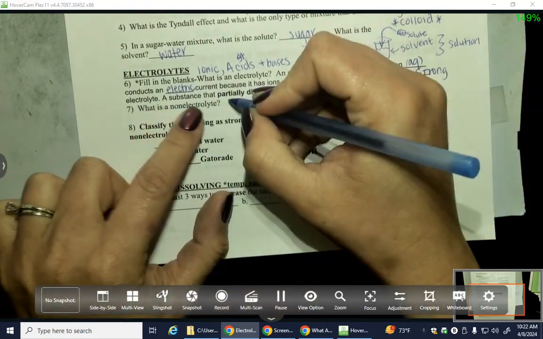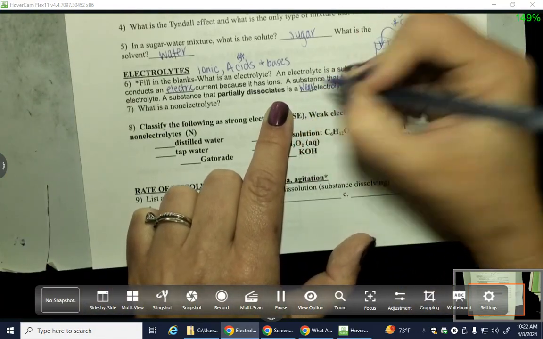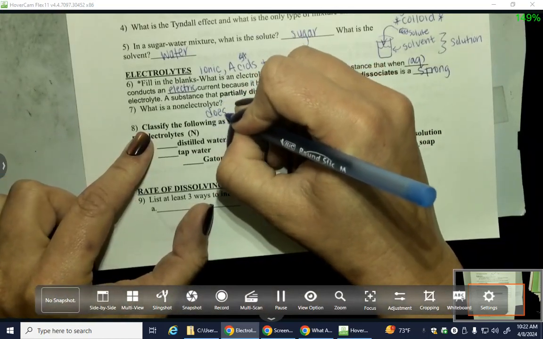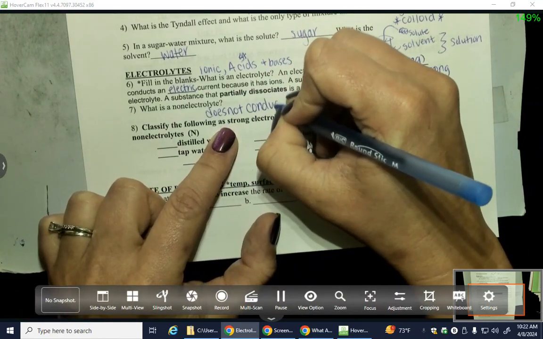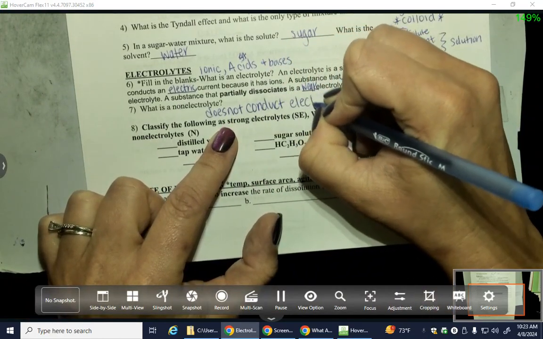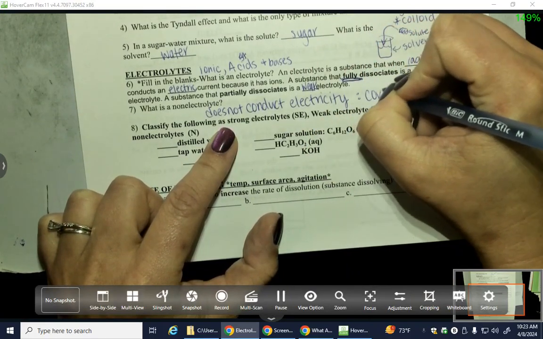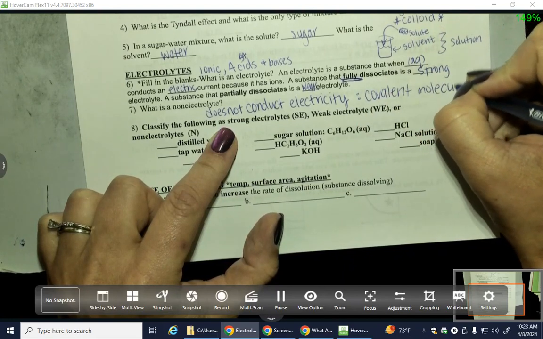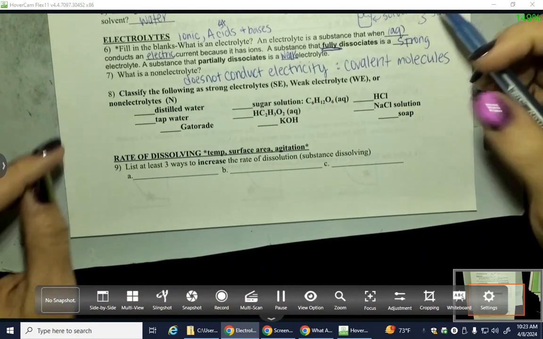A substance that only partially dissociates is going to be a weak electrolyte. A non-electrolyte does not conduct electricity. And we tend to think of covalent molecules, okay? Such as just water, just DI water, which means distilled water, or deionized water.